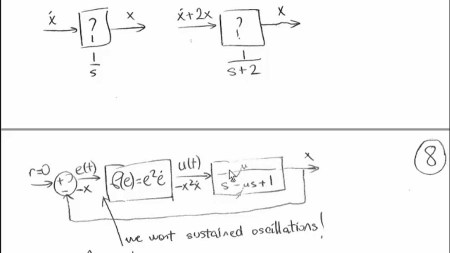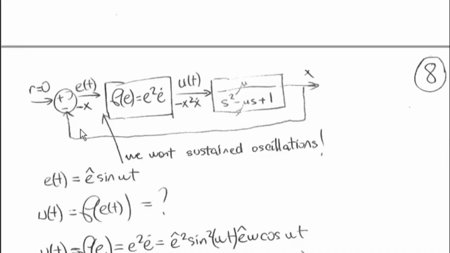So now what we want in describing function analysis is just that we want this system to have sustained oscillations. Which means that there are some sinusoidal terms in these signals, E, U here and X. Here we are going to be selecting the variable E, and we would like it to actually oscillate with some amplitude and frequency.